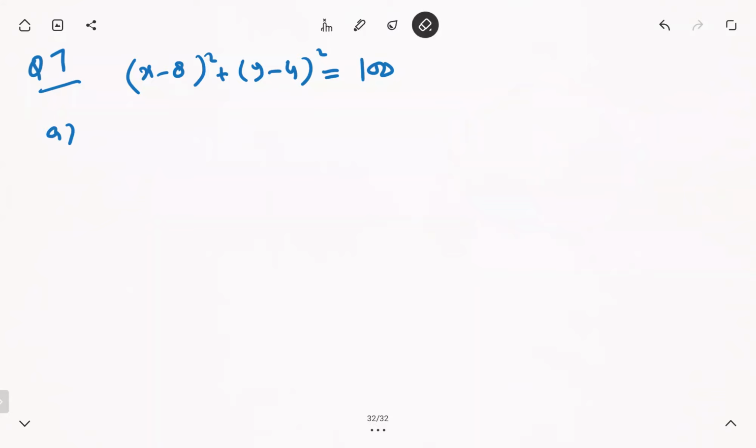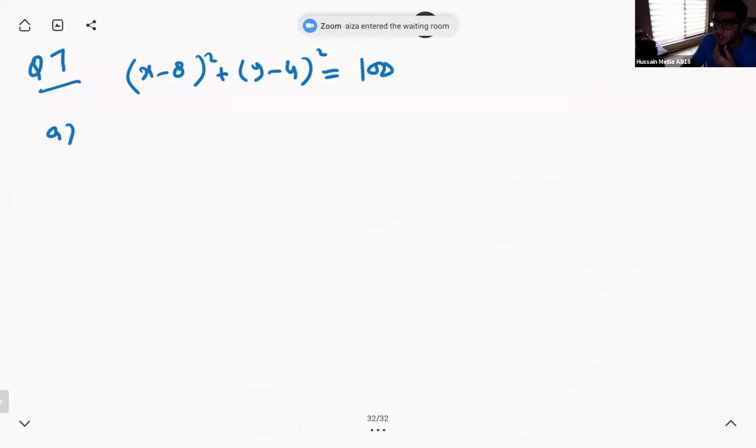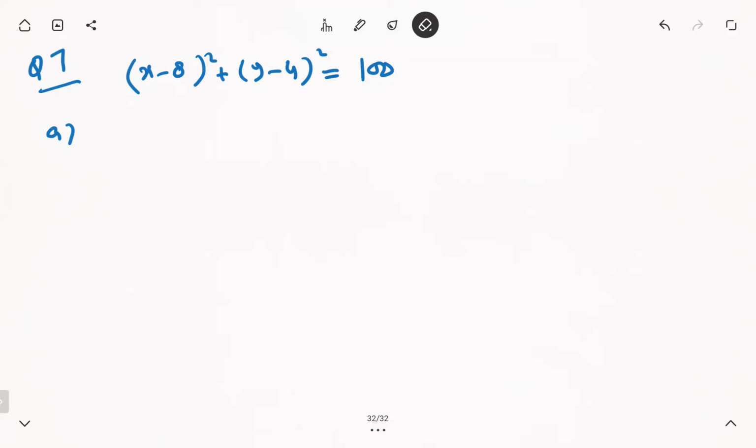You raised your hand. Yes, Hussein. Sir, the points which the question asks you, which are outside the circle, can't you just substitute into the equation and see if it's not equal to 100? So it will be outside the circle. No, if you plug in the coordinates of T, if it is equal, it means it is lying on the circumference of the circle.